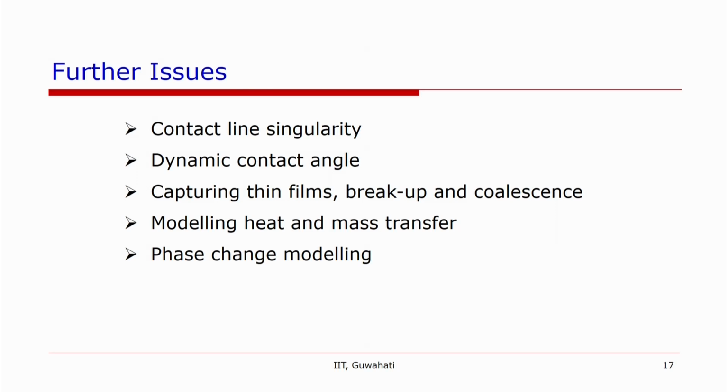Now, there are a number of other issues, other problems that one needs to look at when modeling two-phase flows. For example, the contact line or three-phase contact line plays an important role in a number of microfluidic flows. So, one needs to take into account how we model the contact line singularity near the interface, because the contact line is moving.